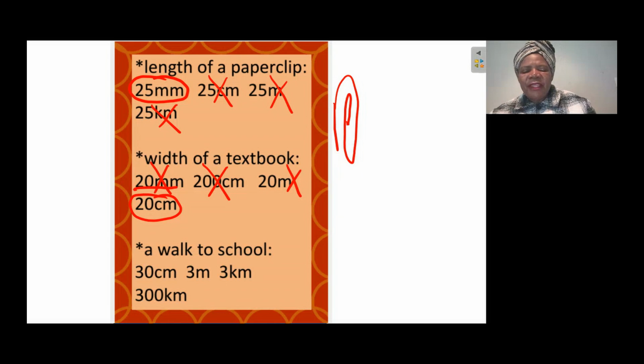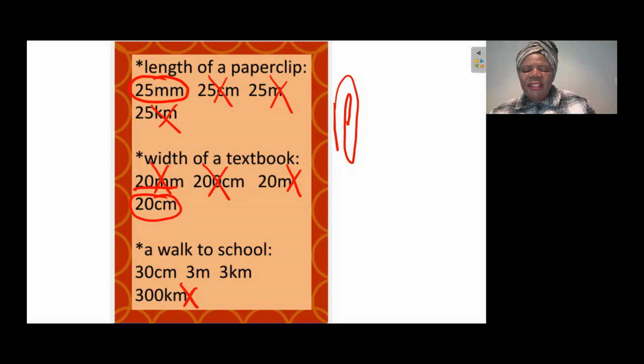Okay. Then a walkable distance to school. Right, this one is too much. 300 kilometers, no, we can't walk that. We will need days to cover 300 kilometers walking. It's not a walkable distance.